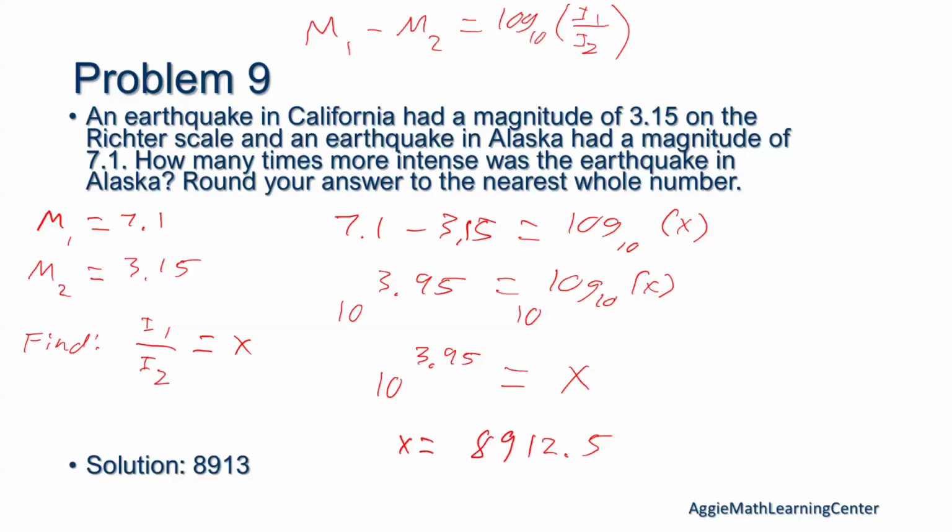Any other questions on this one? How common is it that they put the weaker one as M1? Is there an option where we have to use a decimal? I'm sure, but what they would probably say is how many times weaker was the one in California than in Alaska. It would be the same process, so it wouldn't be a decimal.